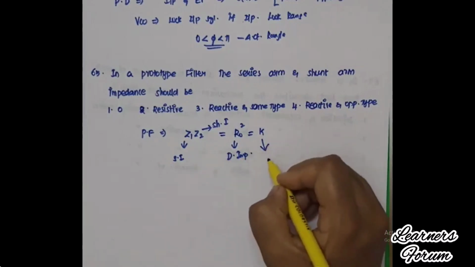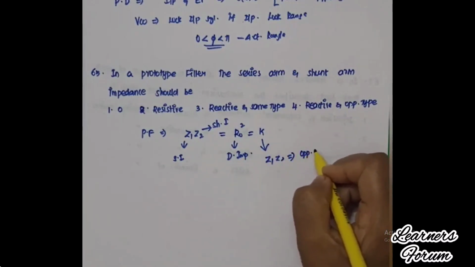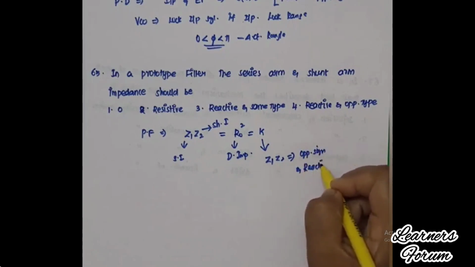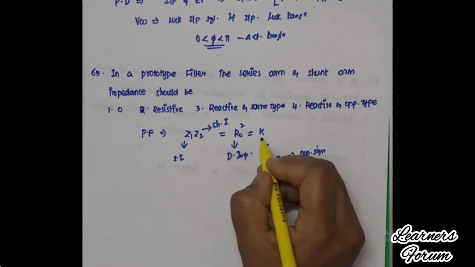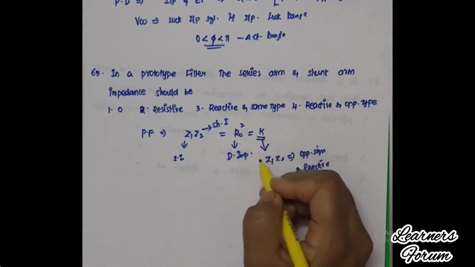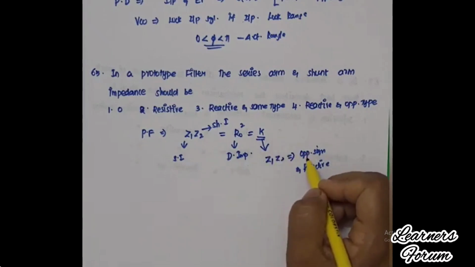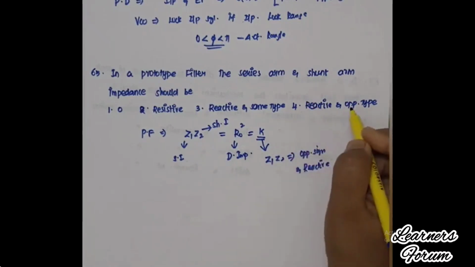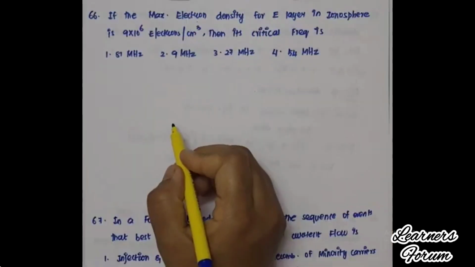So to maintain a value of Z1 Z2 equal to K, Z1 and Z2 should be of opposite sign, and they should also be of reactive type. Only then this particular condition for a prototype filter will be matched to get a constant value of K. So Z1 and Z2 should be opposite sign and reactive type, which belongs to option 4. Reactive and opposite type is our correct answer.